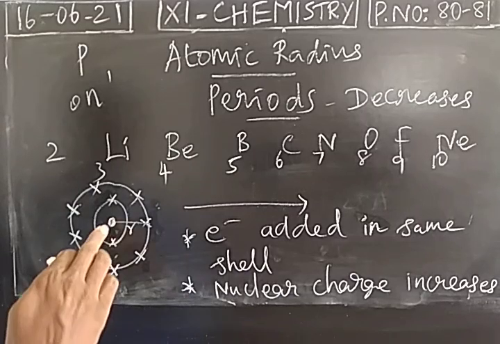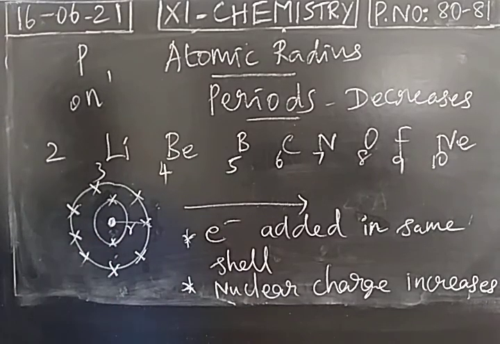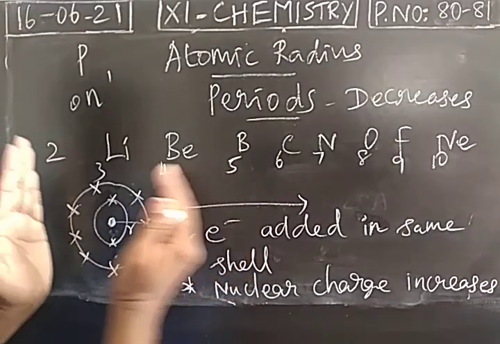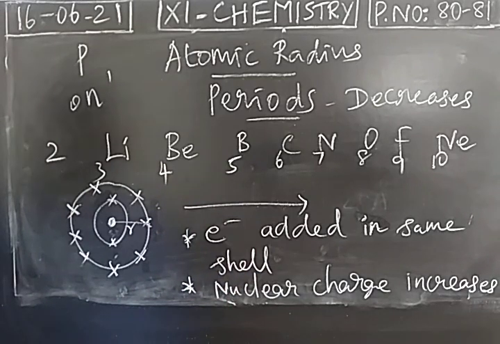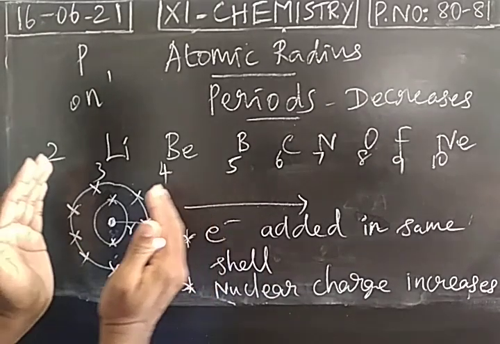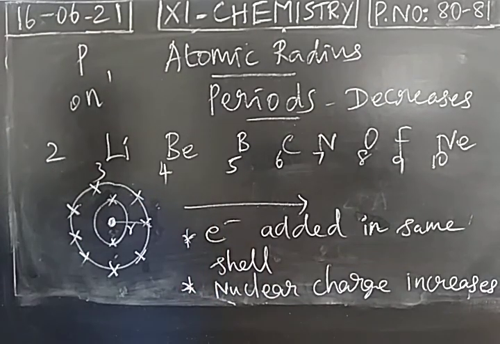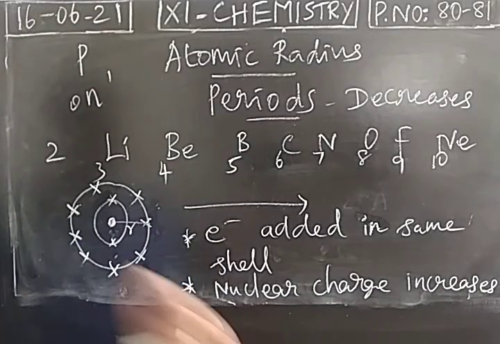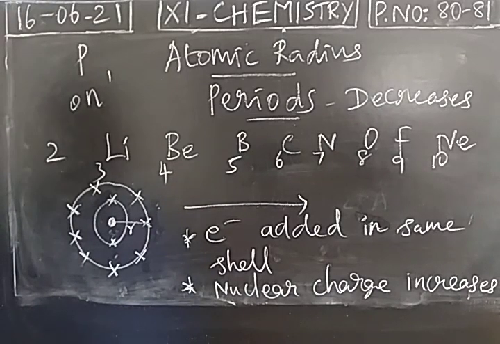We can say attraction between the nucleus and the valence electron will be increasing from left to right. So this attraction is making the size shorter, right? So when we move from left to right, atomic size gradually decreases because of more attraction between the nucleus and the valence electron.